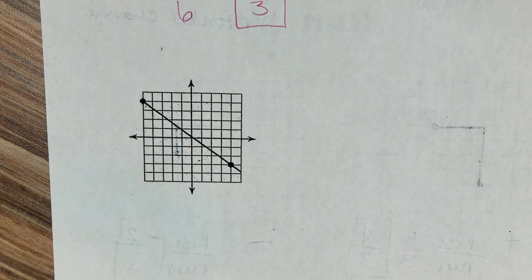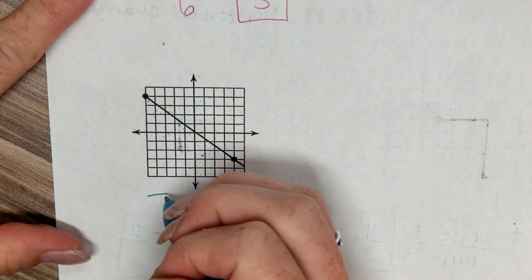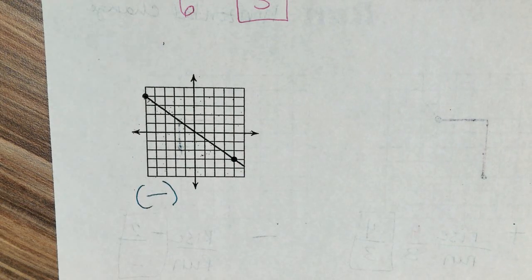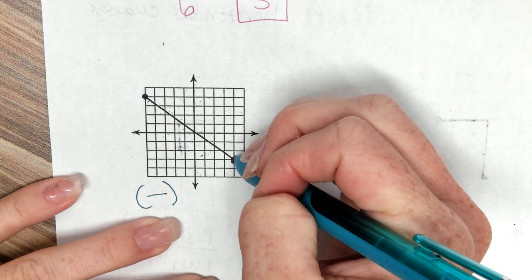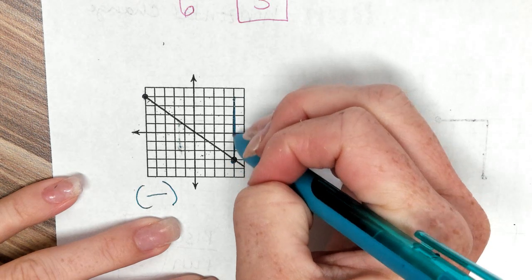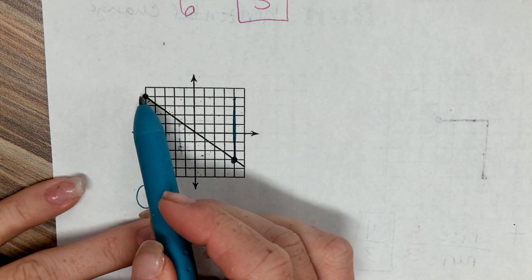What would Slope Dude say about this? Nice negative. So my answer better have a negative sign in it. What dot do I start with? The lowest dot, which is here. I'm going to go up till I get even with this dot. Please don't pass it up.